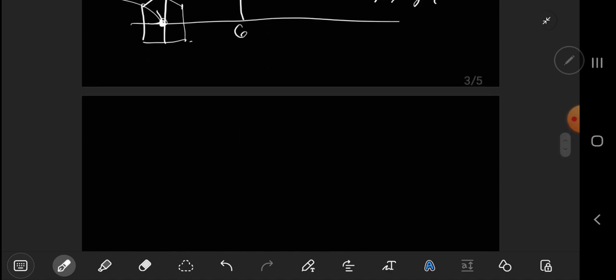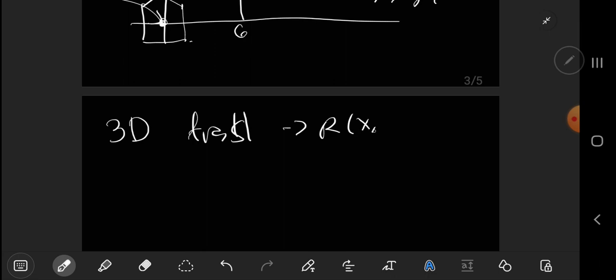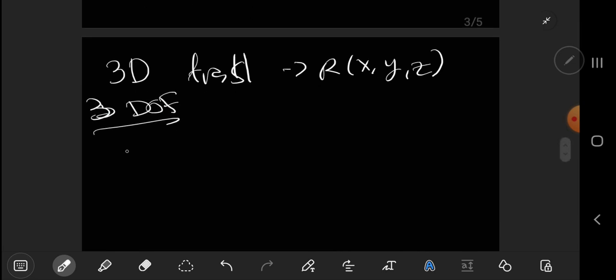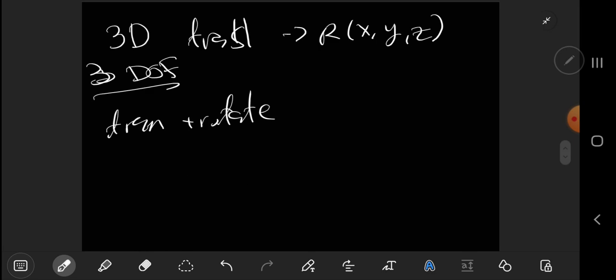If I'm going, for example, for the 3D dimensions, for only translating robot, I can say that I need x, y, and z. So 3 degrees of freedom for a translating-only robot in 3D. But if it can translate and rotate, I have 3 more angles for moving.